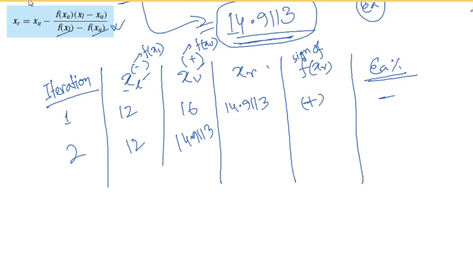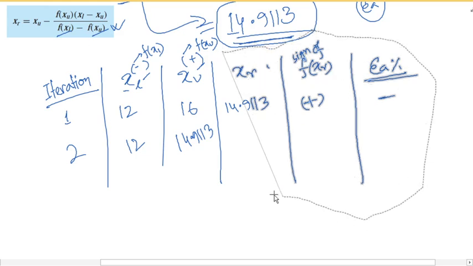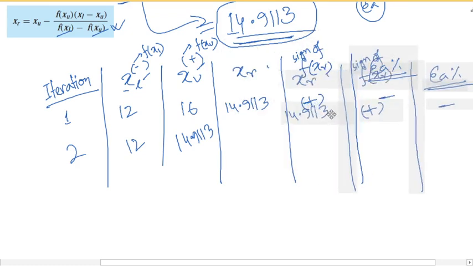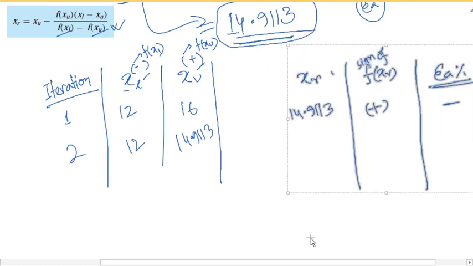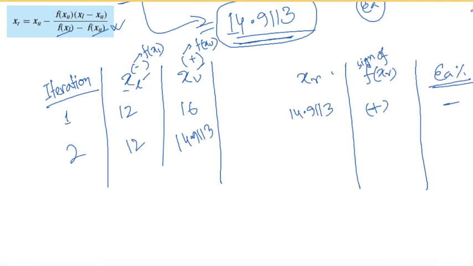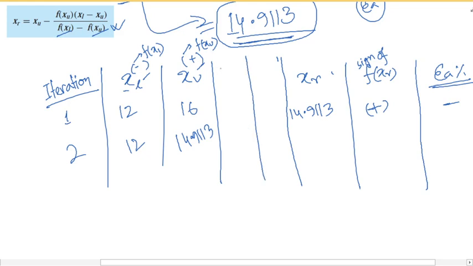So better we take these things as in this side, and before that we need two columns, as I have said, the value of FXL and FXU are required here, so that we can use this in this equation.